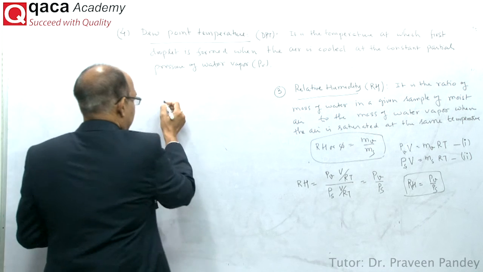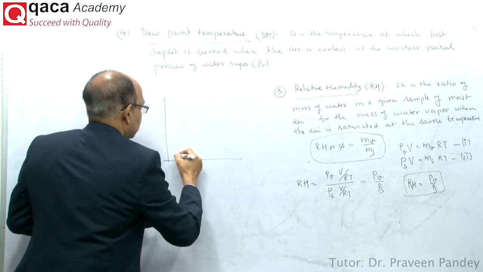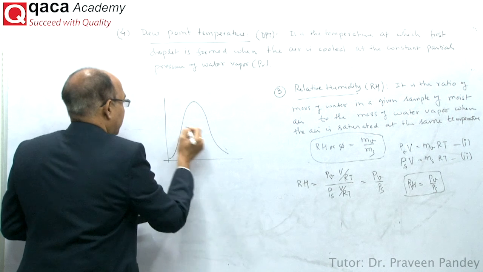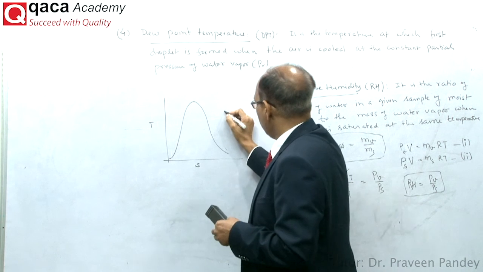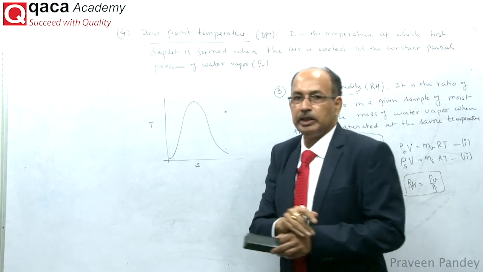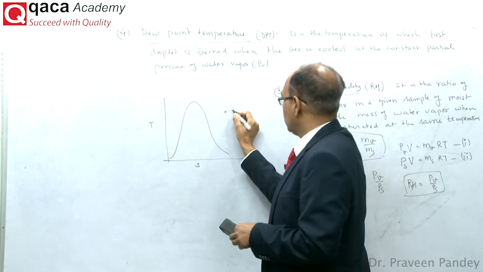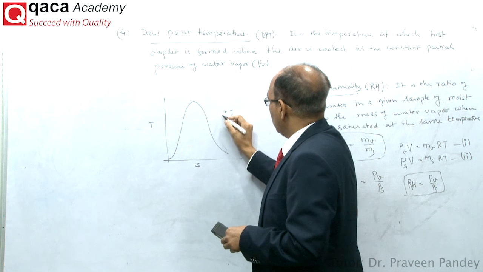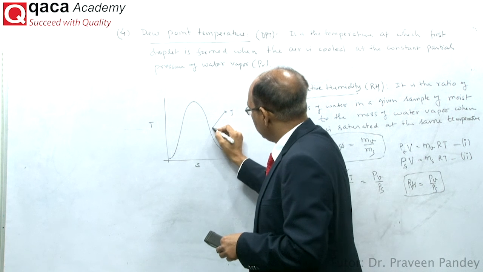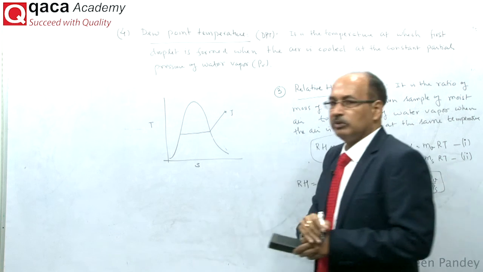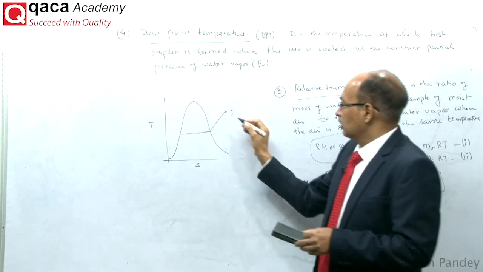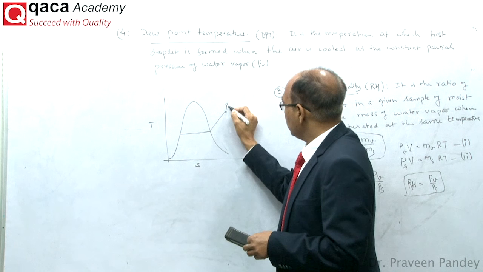So, on a TS diagram, it can be shown like this. This is the state of water vapor in a given sample. Temperature is T, and we know that constant pressure lines on a TS diagram are like this. So, air is cooled keeping P V constant.